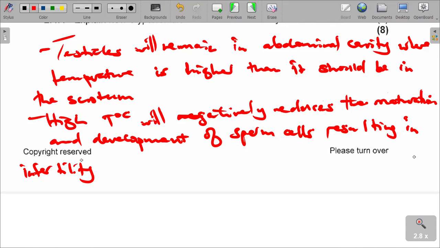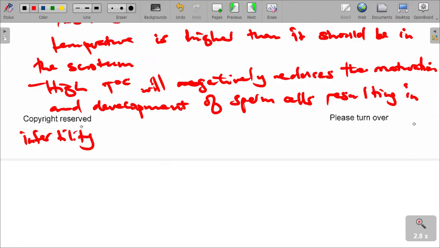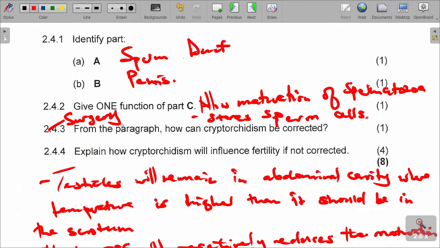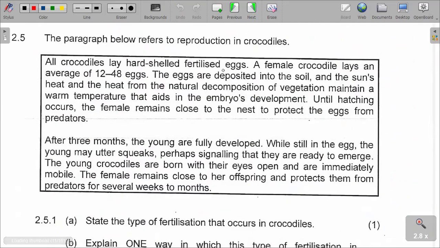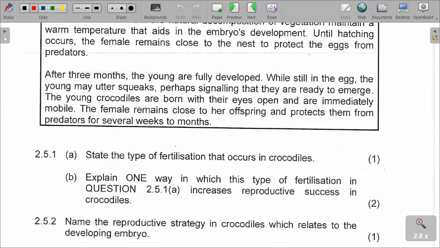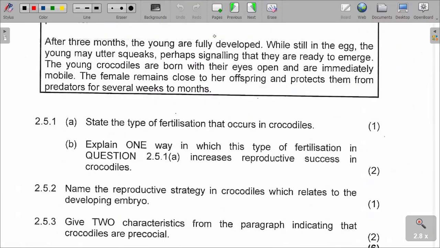You understand? A person might also have a problem of having babies. So that is what you should understand with respect to that one.